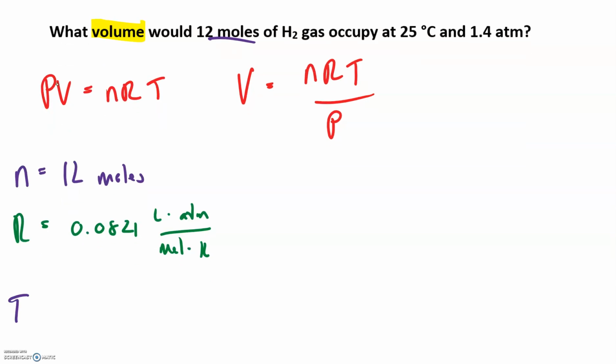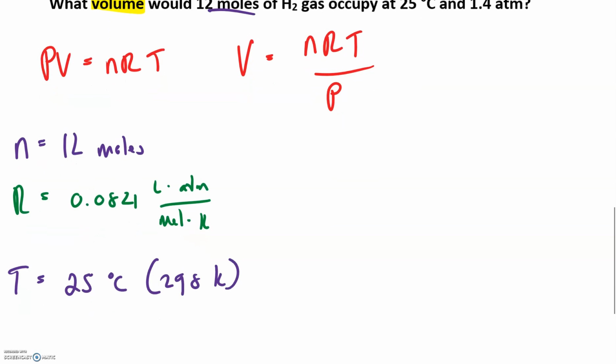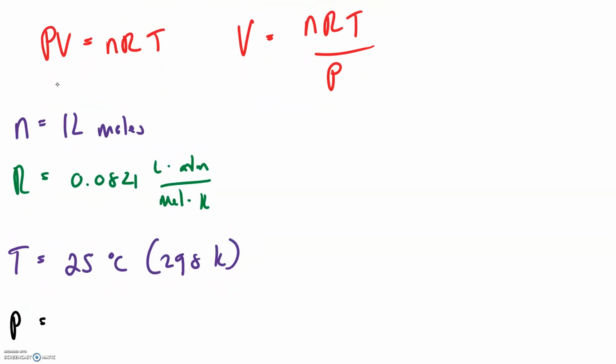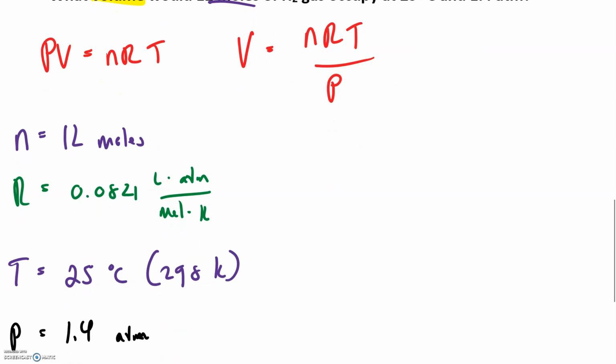We know that T is our temperature, 25 degrees Celsius, but we want it in kelvins, so we'll call that 298 kelvins. And we know that P is our pressure, 1.4 atmospheres. It says it right there. So let's plug all this stuff into this equation and see what we get.